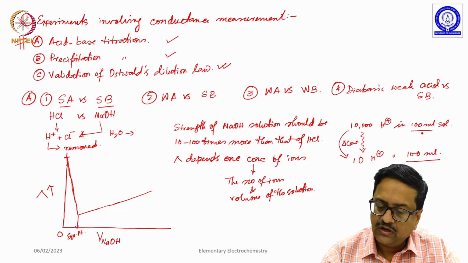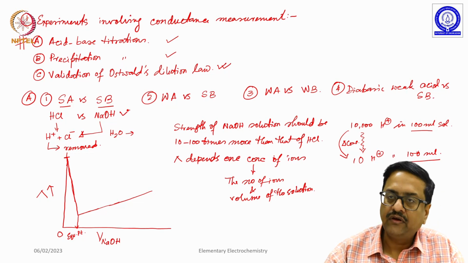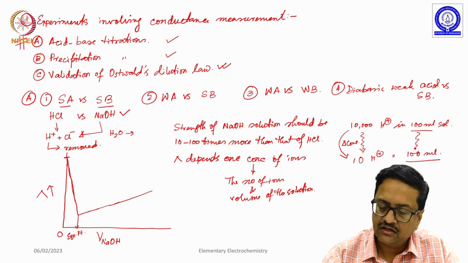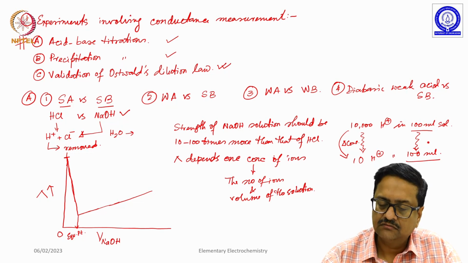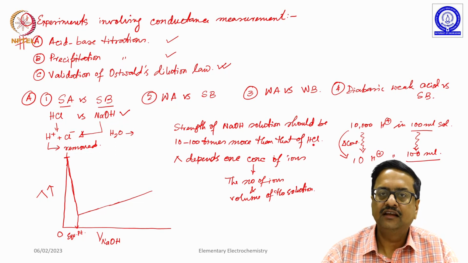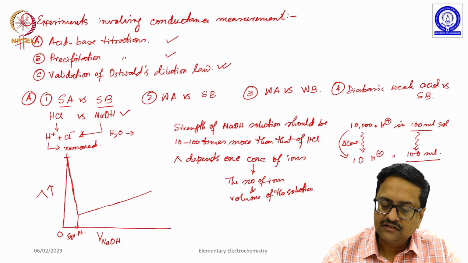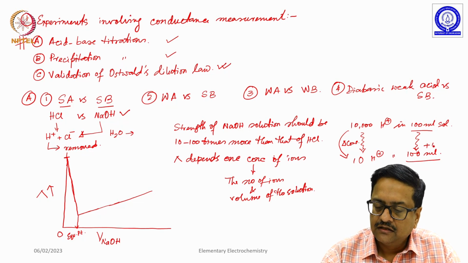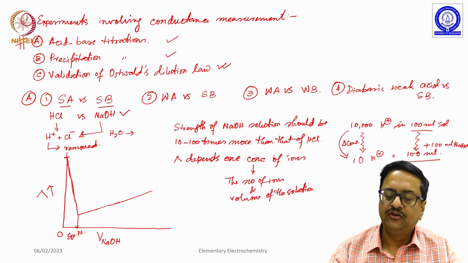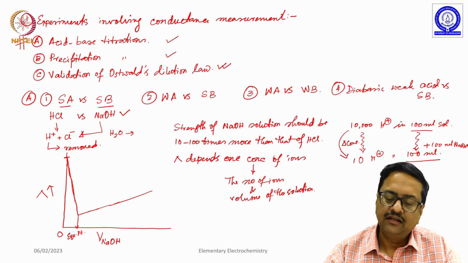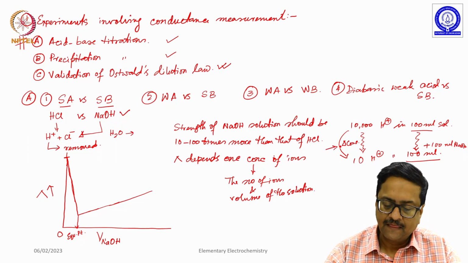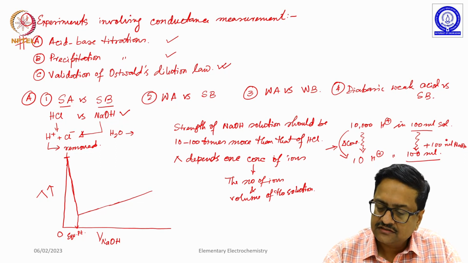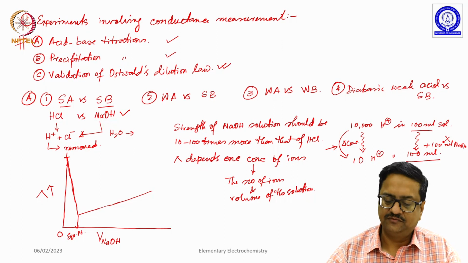But while doing so, I am adding NaOH solution, so this 100 ml will not remain 100 ml. If the NaOH solution is of equivalent strength to HCl, then for this neutralization you will need another 100 ml of NaOH. That means the volume will continuously increase, and the increase in volume will have an effect on the change in concentration. Therefore, we should try to make this change in volume as negligible as possible.